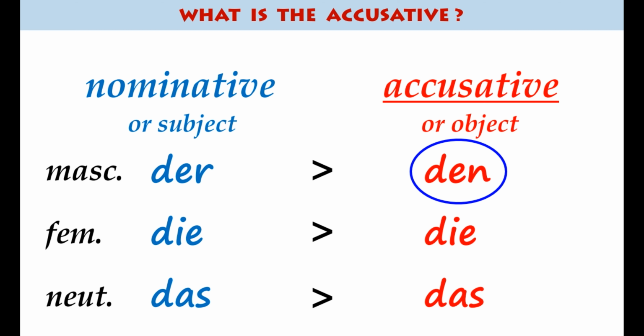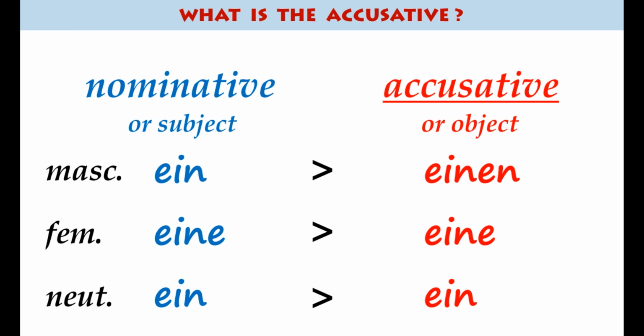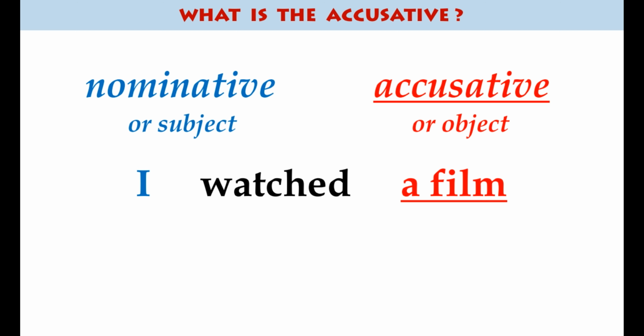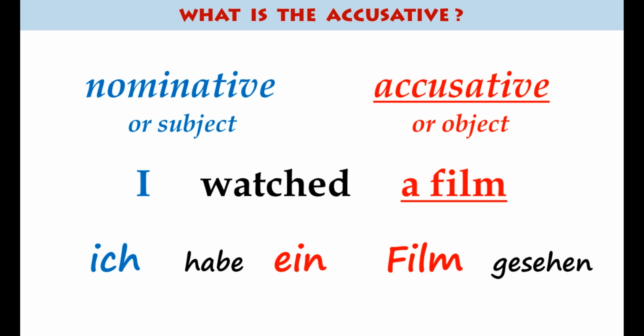So it shows that it can work without it. It works perfectly well without showing the accusative in the feminine and the neuter, but the masculine is affected. So "I watched a film" is going to be not ein Film, but einen Film. Ich habe einen Film gesehen.